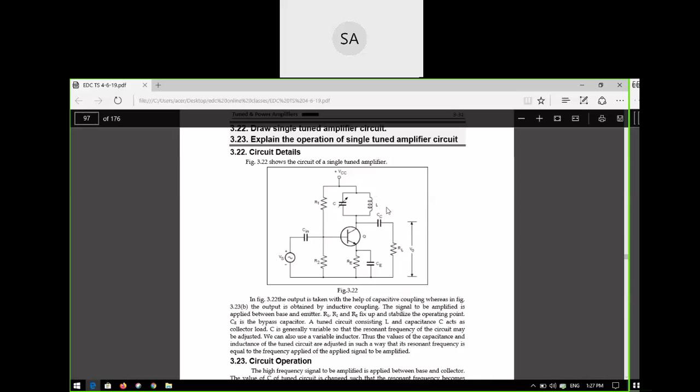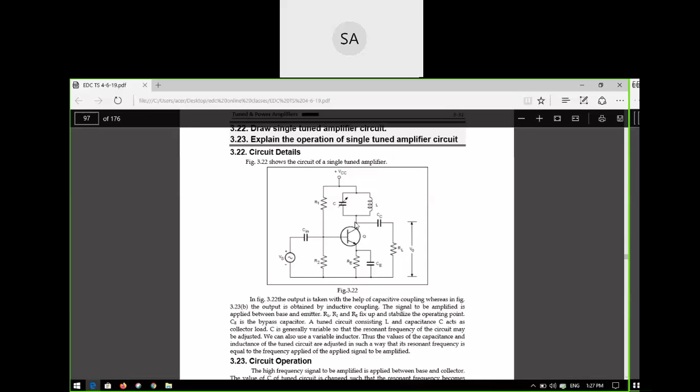The L and C components will generate different frequencies, and it will also amplify. So it will generate the desired frequencies while amplifying the input signal. It will amplify the signals of desired frequencies, a range of frequencies, by using a single tuned amplifier circuit.